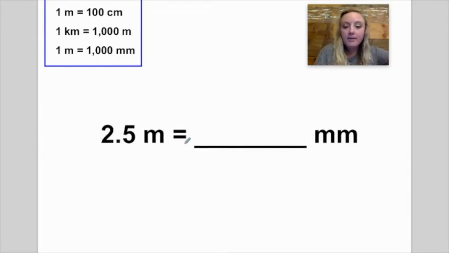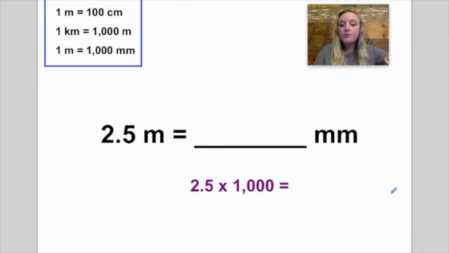Next, we have meters to millimeters. So I'm going to use the number 1,000. Meters, doorway, millimeters, super tiny like a dime. So that means I'm going from a larger unit to a smaller unit. Large to small, multiply them all. So my equation is 2.5 times 1,000.